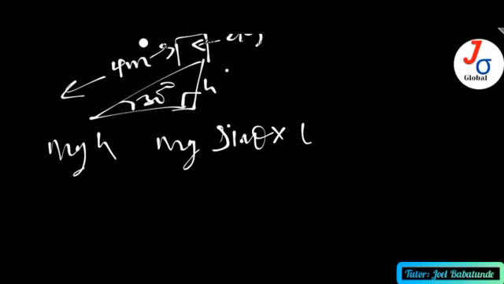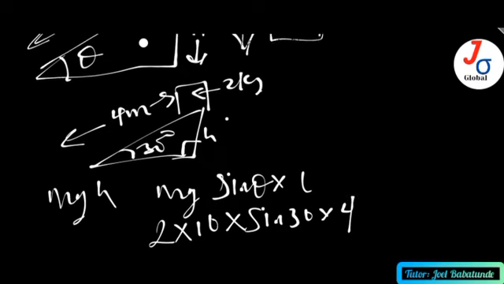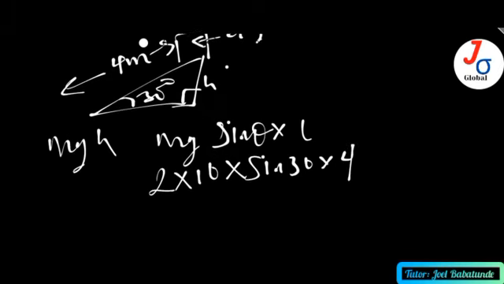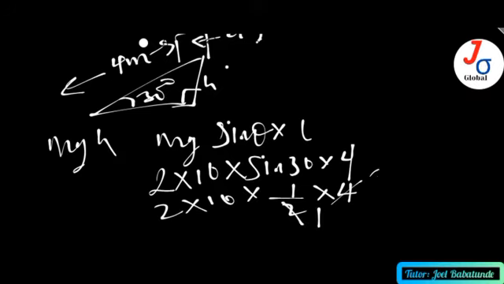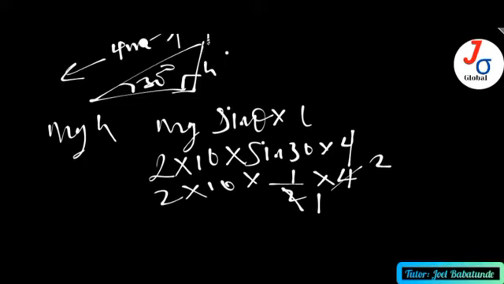So you have mass, that's 2 multiplied by 10 multiplied by sine 30 multiplied by 4. Then I have 2 multiplied by 10 multiplied by 1 over 2, multiplied by 4. 2 here, 1, 2 here, 2, and 2 times 2 is 4, 4 times 10 is 40 joules. So the work done here is 40 joules.